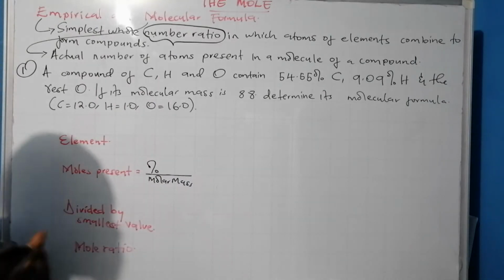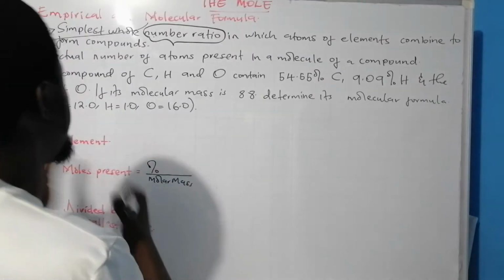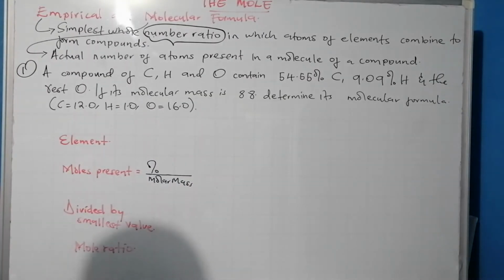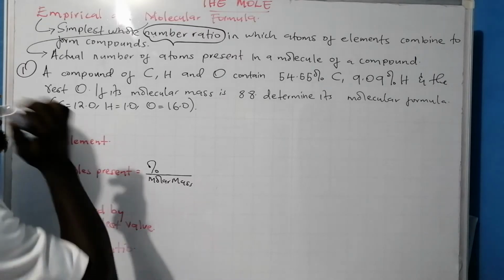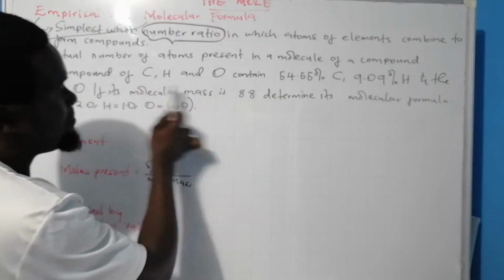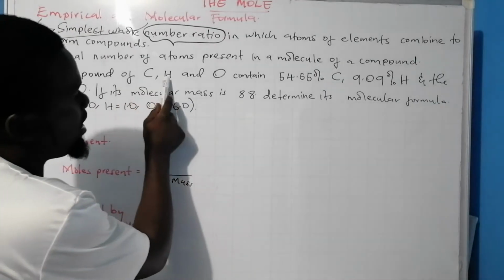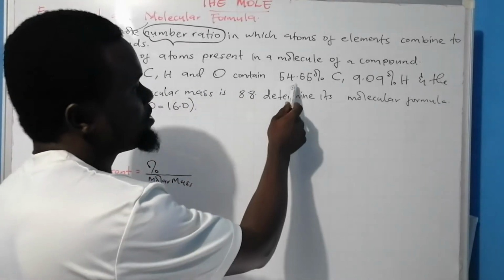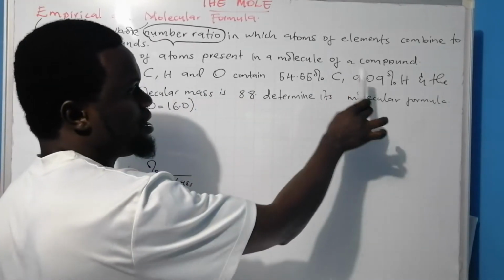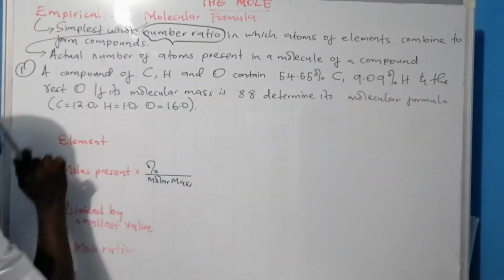So I have 3 examples that I'm going to tackle in this video, and this is one of them. Now, let us read the question together. A compound of carbon, hydrogen, and oxygen, I've written them in simplest way because of space. So a compound of carbon, hydrogen, and oxygen contains 54.55% carbon, 9.09% hydrogen, and the rest oxygen.